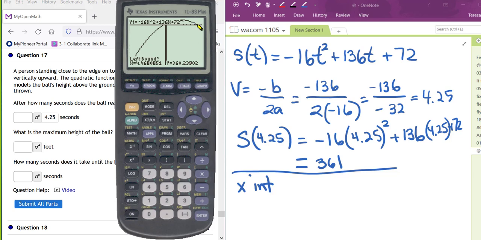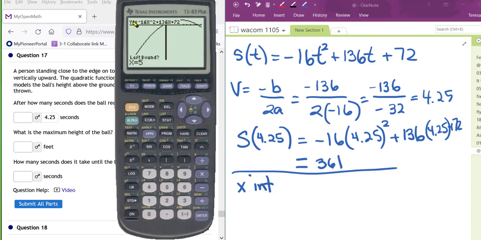All right, now you can move the cursor, but it might take a while to get close enough. I'm actually pretty close now. The other thing I wanted to show you here that you could do, because you know it's going to be before 10, right? You can actually enter your left bound. So let's say X, well, let's put 5.